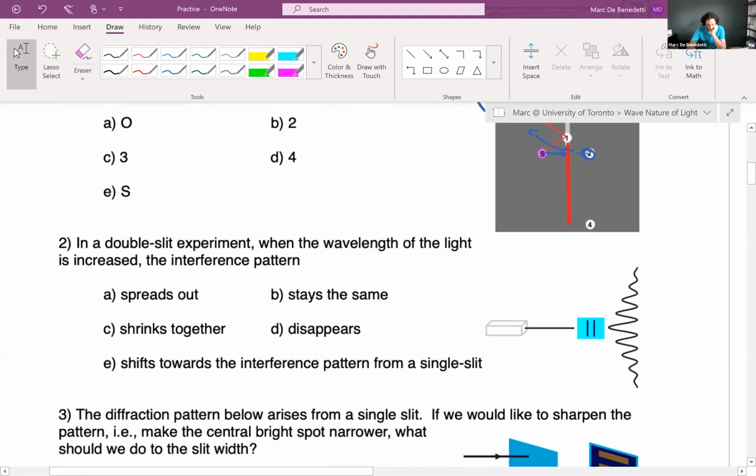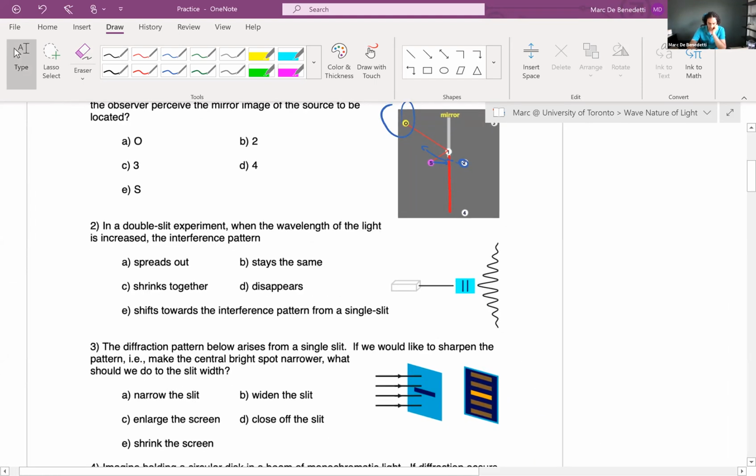Okay, moving on to question 2. In a double slit experiment, when the wavelength of light is increased, the interference pattern will: A, spread out; B, stay the same; C, shrink together; D, disappear; or E, shift towards the interference pattern for that of a single slit.